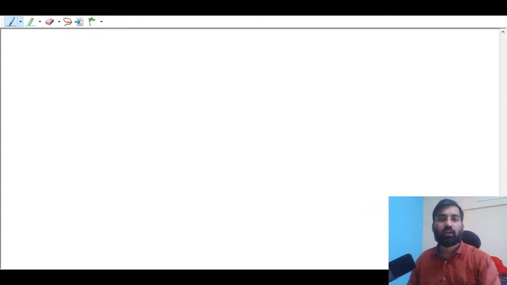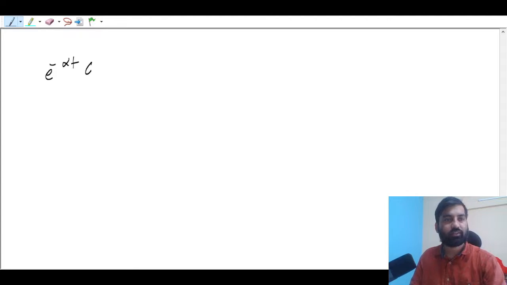Now if I talk about cosine, suppose an exponential is multiplied with the cosine like this: e raised to power minus alpha t cosine 2 pi beta t u(t).